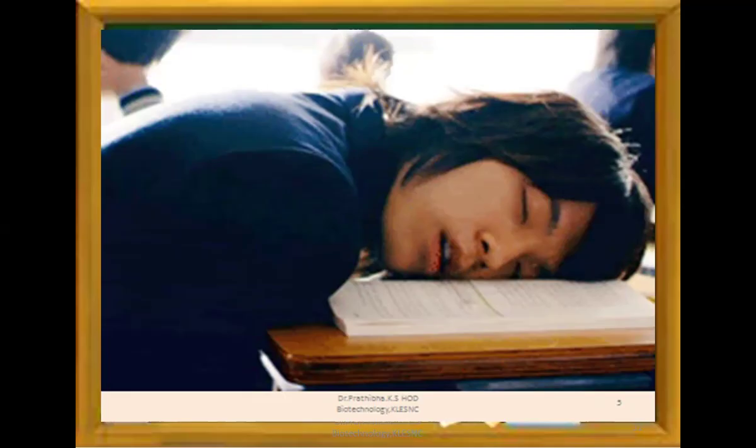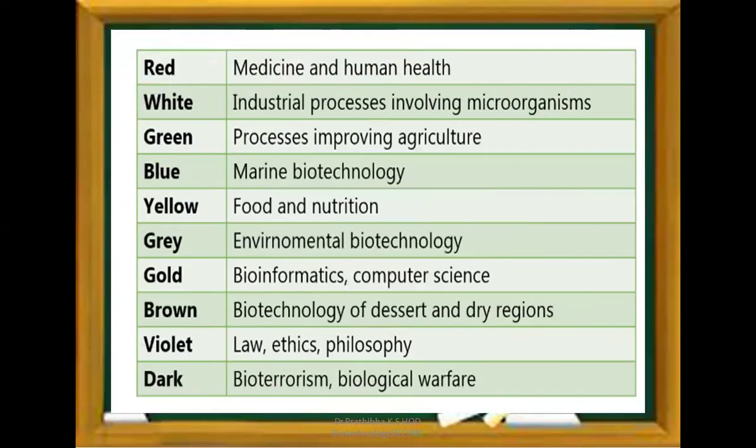Please make a note or pause the video and make notes on the introduction to biotechnology, applications of biotechnology, and scope of biotechnology. You can see the scope in all these fields. So these are the scope of biotechnology and also the applications of biotechnology.